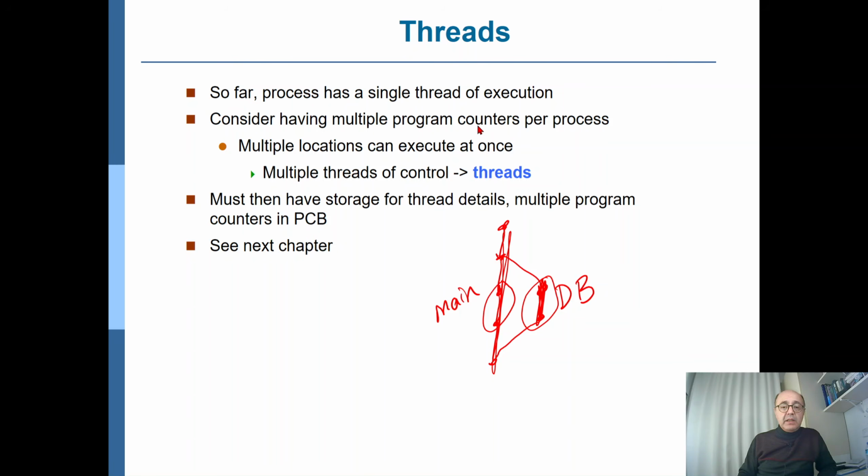So we have now multiple locations that can execute at once over separate threads that are running over separate, for example, CPU cores. So you should have multiple program counters now, because the program counter, the PC for the main, would be different from the PC for the database. So there are some variations. Anyways, those are discussed in the next chapter, in chapter 4.